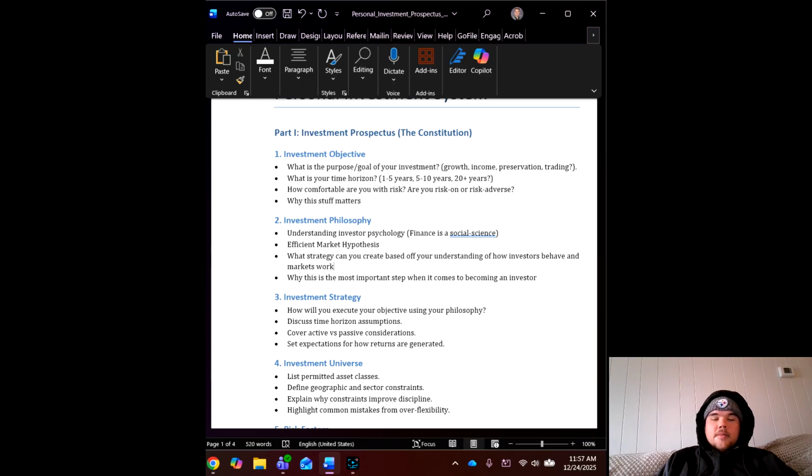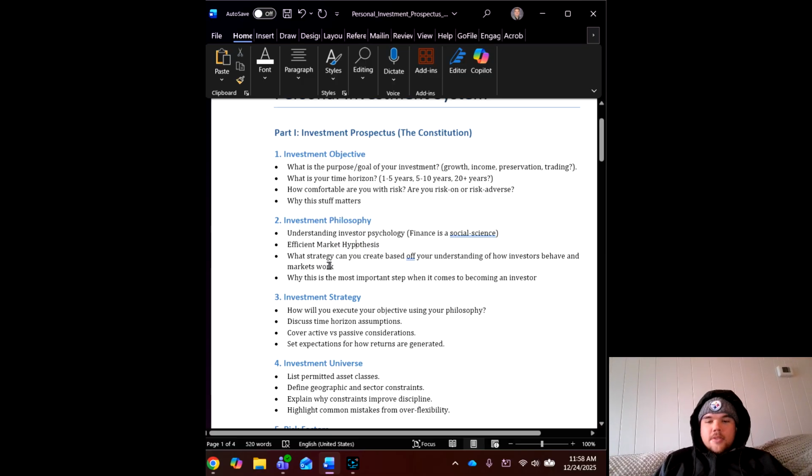And then step two: using step one, you then generate a view about how markets behave and perhaps where they may fail. Your views on market efficiency or inefficiency are the foundations for your investment philosophy. What this is talking about is the efficient market hypothesis.